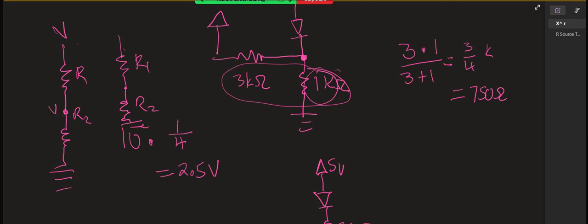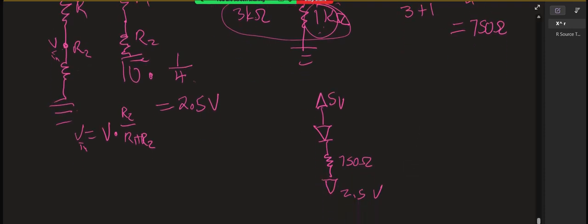To get the voltage right there at R2, the Thevenin voltage is going to be my total voltage times R2 over R1 plus R2. So I took 1 over 1 plus 3, and that's where I got the 1/4. Okay, thank you. You're welcome.